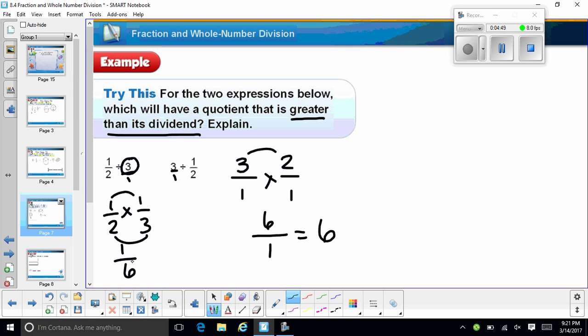And I can see 1/6 is not greater than 3. In this particular problem, 1/2 is my dividend, and I see that 6 is larger than 1/2, and so my final answer would be 3 divided by 1/2 has a quotient that is greater than its dividend.